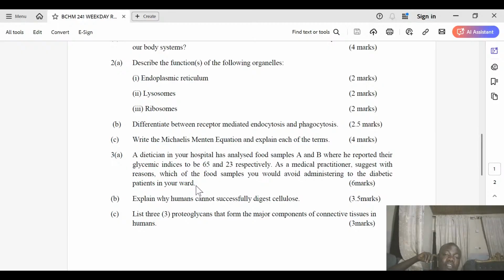As a medical practitioner, suggest with reasons which of the food substances you will avoid administering to the diabetic patients in your ward. So, what is the answer to this question? Ladies and gentlemen, answer this.